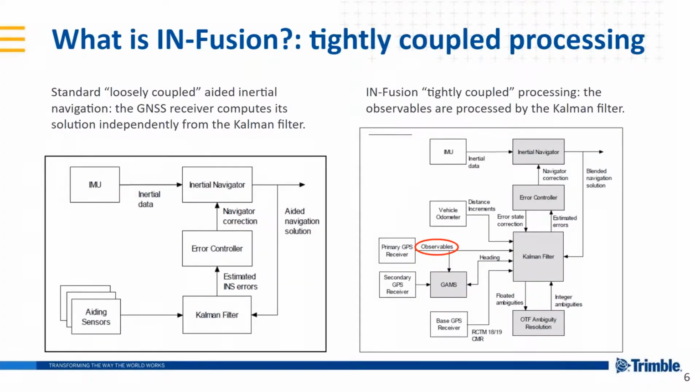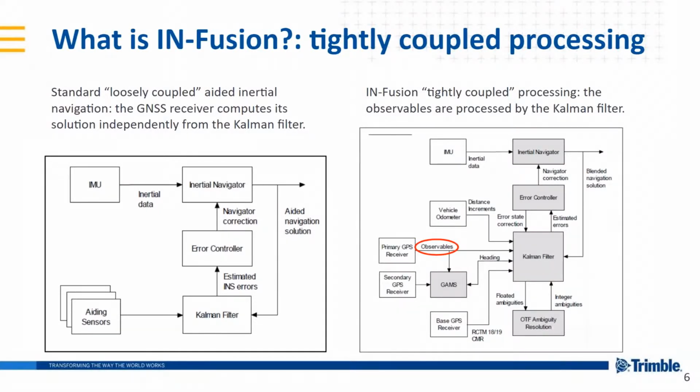From these two graphics, we can see the difference between the standard loosely coupled aided inertial navigation and the InFusion tightly coupled processing. For standard loosely coupled aided inertial navigation, the GNSS receiver computes its solution independently from the Kalman filter. But for InFusion tightly coupled processing, the observables are processed by the Kalman filter.